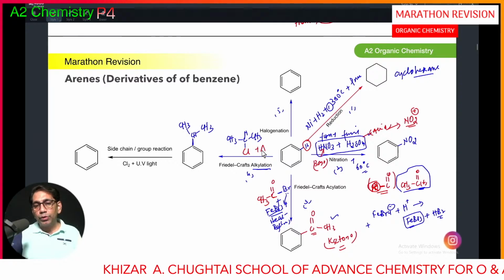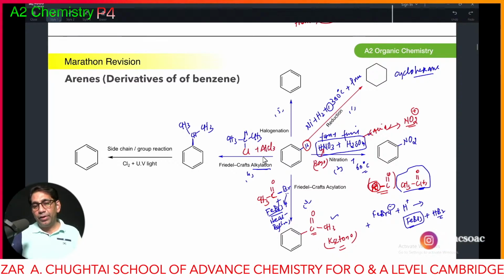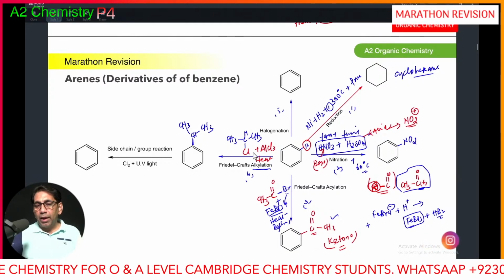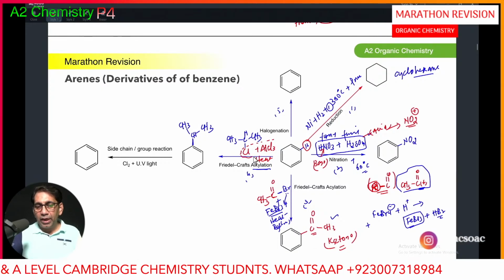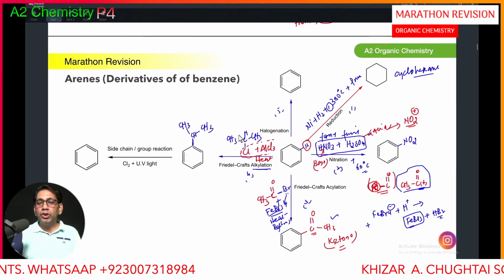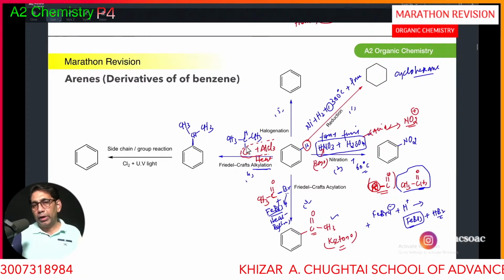And plus, I'm going to use AlCl3, anhydrous, without water. I'm going to heat it, and once again the function of AlCl3 is to pluck this Cl atom towards itself and to generate a secondary carbocation over here.